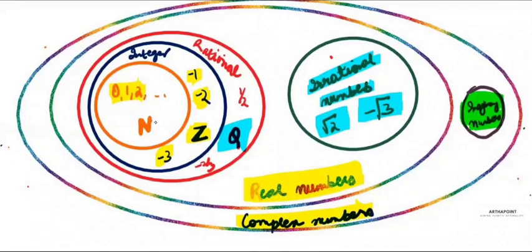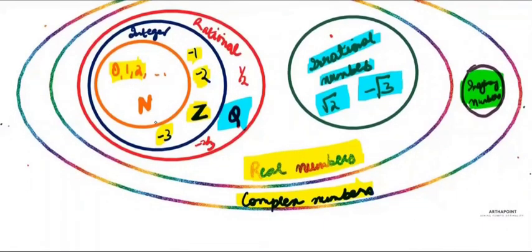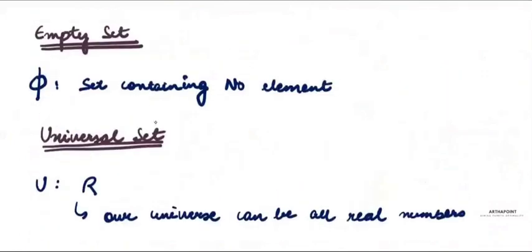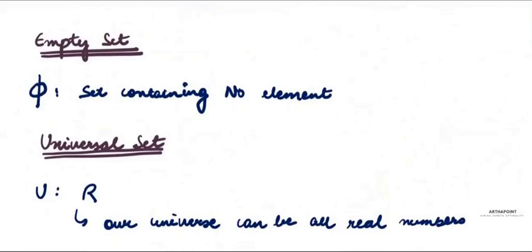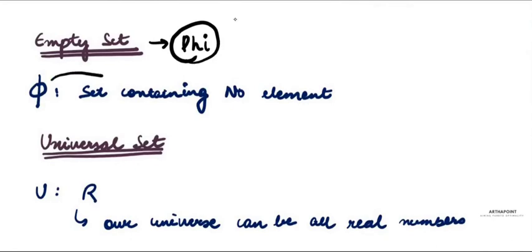Now, once we understand this well, we want to go ahead and understand two important definitions of two types of sets. The first is known as an empty set. An empty set is given by phi. It's called phi. Okay. And what is a phi? It's represented like this. And this consists of no element. So if my set is empty, it's blank, zero element, no element is there, then it's an empty set.